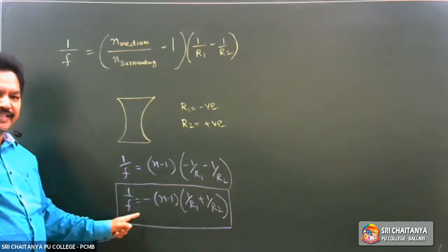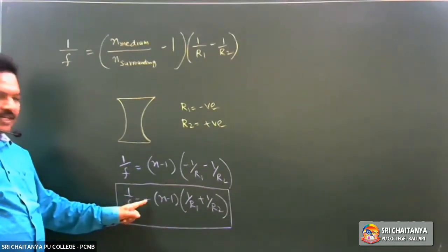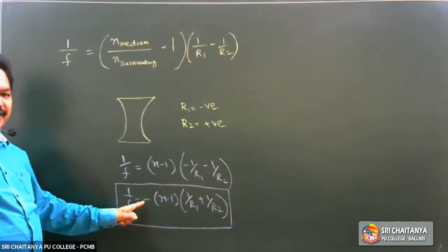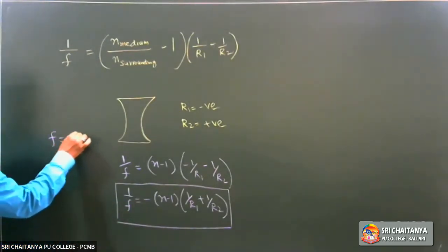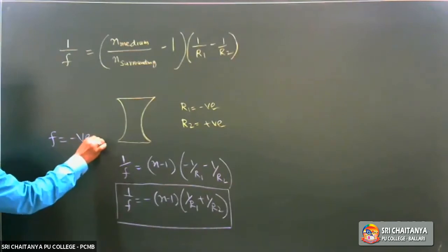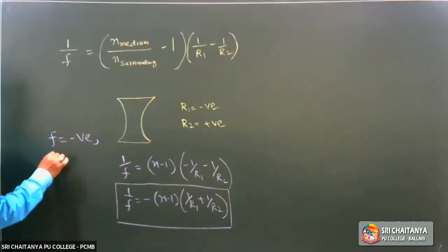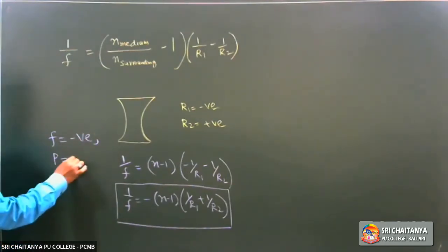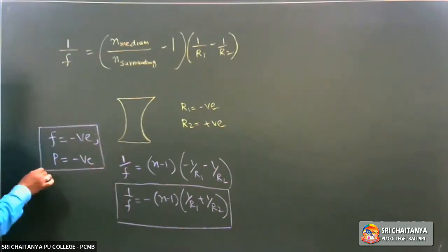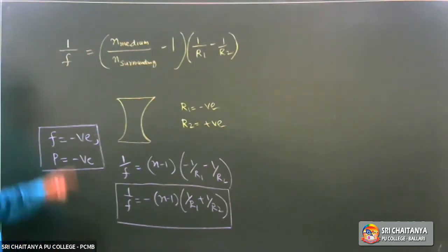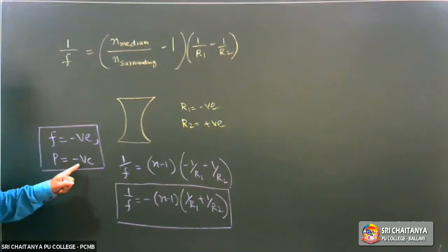From this, it is very clear that the focal length of the concave lens is always negative. If the focal length is negative, then the power of the concave lens is also negative. In case of the convex lens, focal length we got positive, and power is also positive.